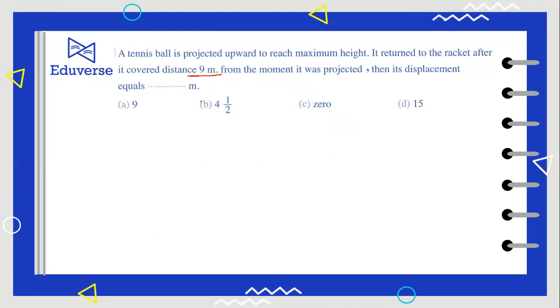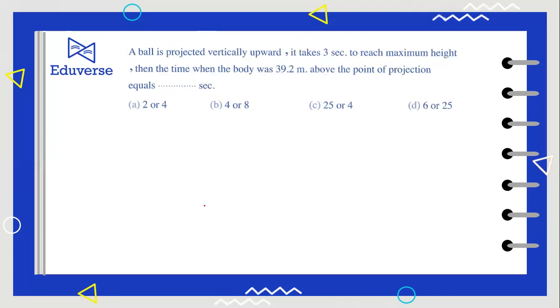Then I can find the distance, but displacement here is 0. Why? Because the body is returned back to the point of projection. The body moves in this direction and then returns back. Then no displacement here, because the point of start of motion is the same as the point of end of the motion. Okay, next one.